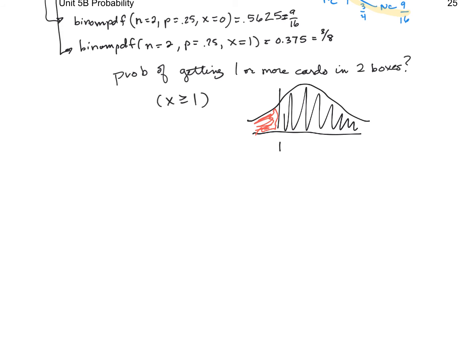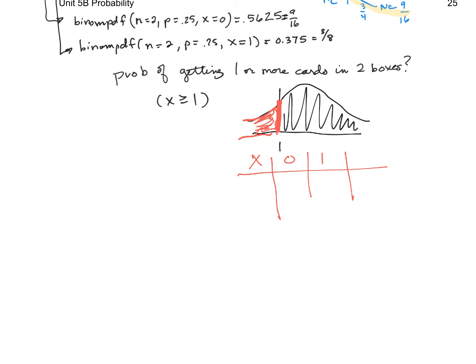Less than or equal to 1. But the problem is that this is part of this, isn't it? So here's my big problem. There's overlap.